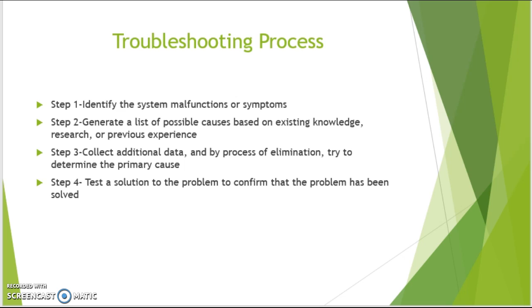Step two, you generate a list of possible causes based on existing knowledge, research, or previous experience. Step three, you collect additional data, and by process of elimination, you try to determine the primary cause. And step four, you test a solution to the problem, and then confirm that the problem has been solved.